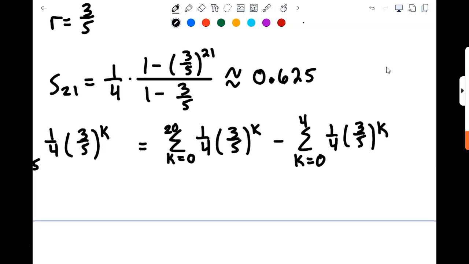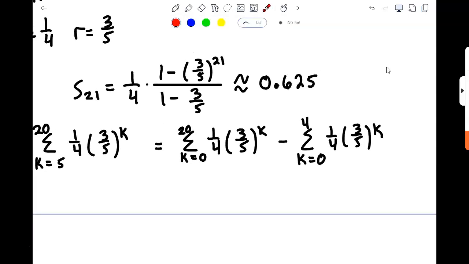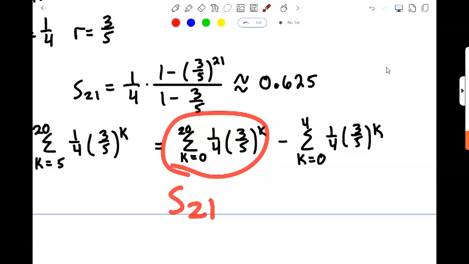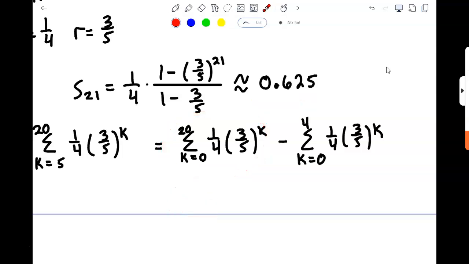And so you can do it this way, and then you compute the first as S21, like we just did above. You would compute this, since it's going to 4, as S5. So you would use the same idea, and then compute S21 minus S5. That's one way that you could do this problem. There are other ways to do it, but that's probably the simplest.